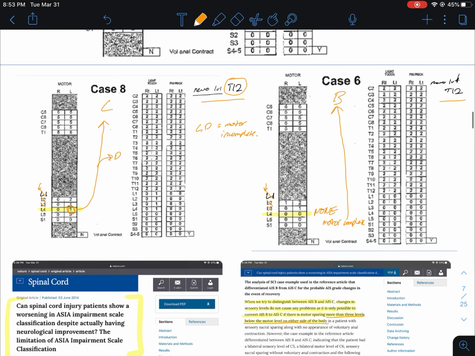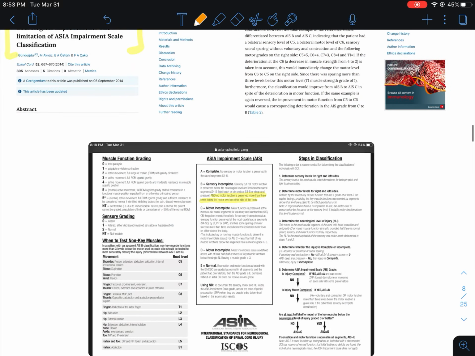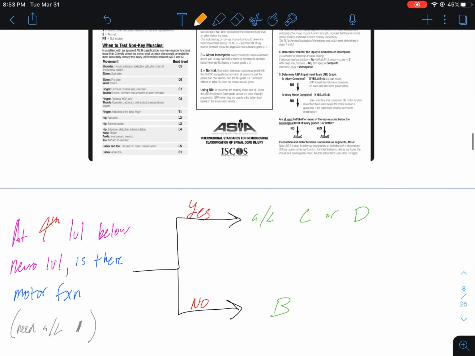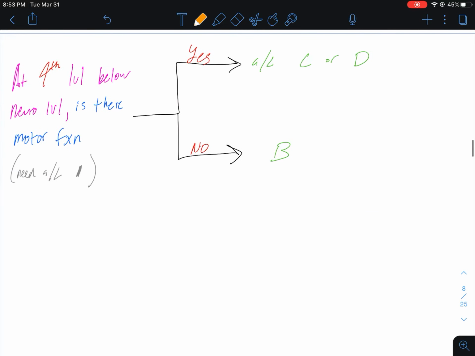So now that we have that into consideration, where case 8 is C and case 6 is B, we can go off of this thing that I made, where you can ask yourself, after determining the neurological level and counting off more than 3, so at the 4th level, below the neurological level, is there motor function?